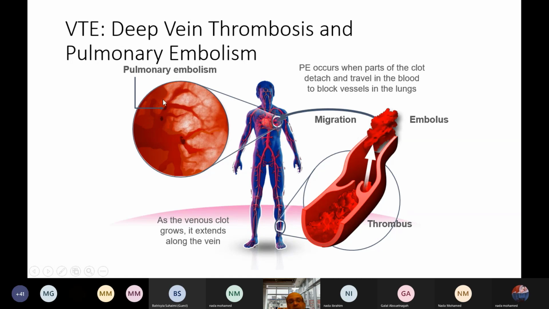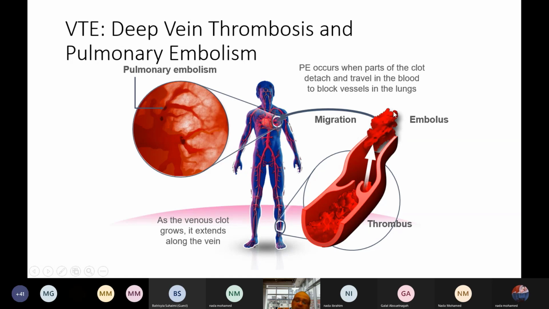So the patient will have an occluded pulmonary artery, so the patient can inhale and exhale, but gas exchange will not happen, and the patient will drown or suffocate although he is breathing. So it is very important. The nightmare of deep venous thrombosis is the development of pulmonary embolism.